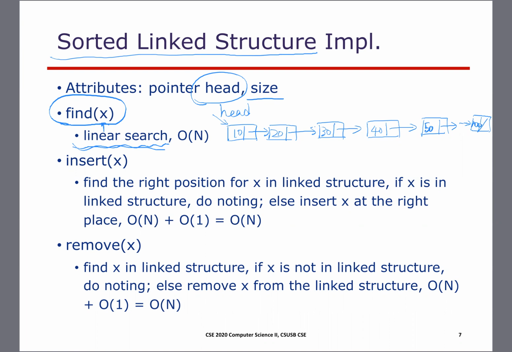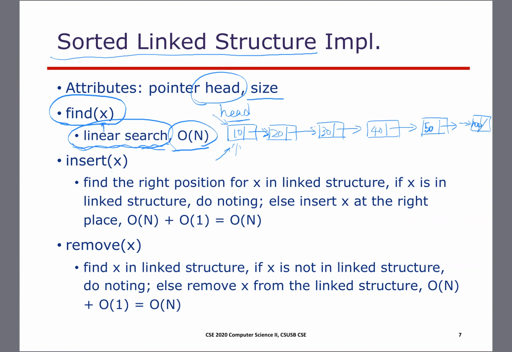To find an element in the linked structure, we have to start from the front node, from the head, and compare X with the element. Not a match, we move to the next one. So we have to use linear search. Linear search time complexity is big O(n). This is big O(n), linear time complexity.